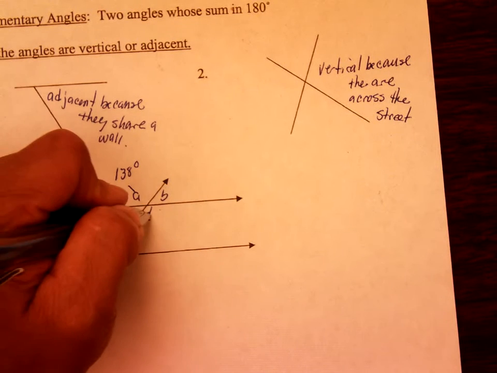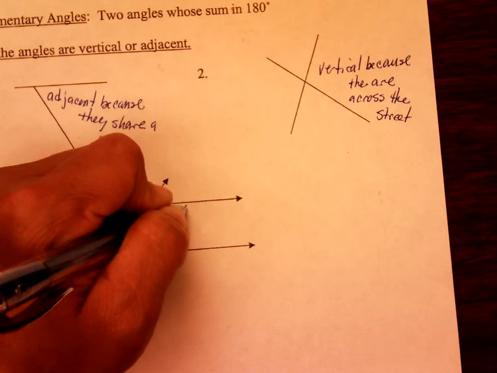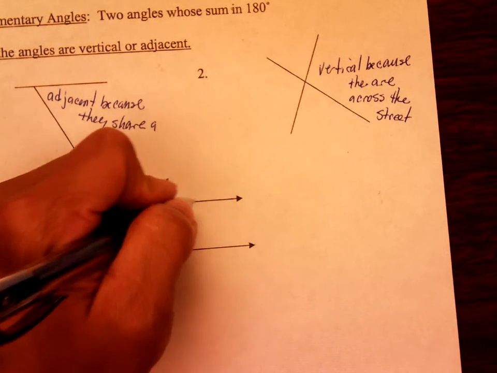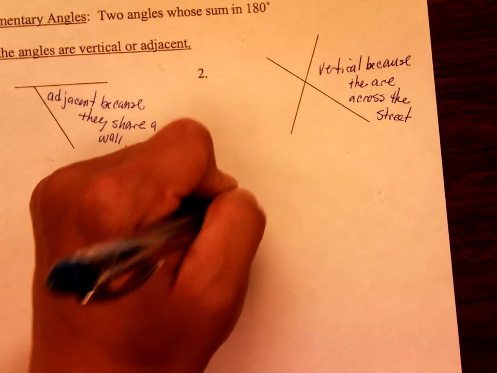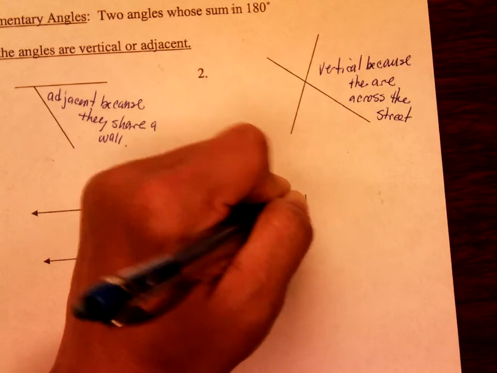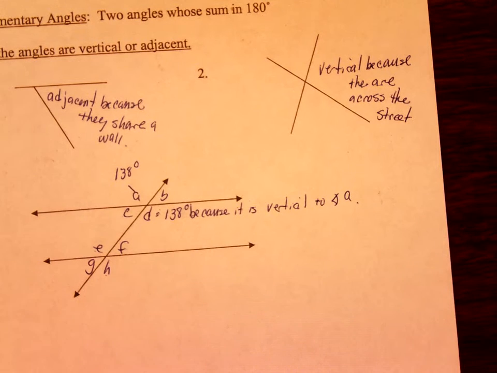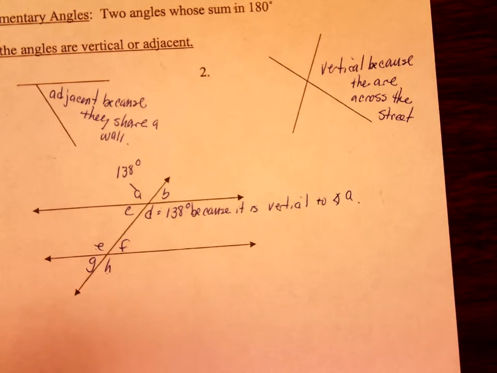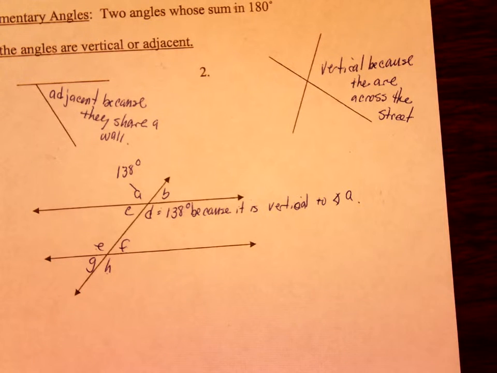You should know that D is 138 degrees, and you have to give a reasoning. You have to say because it is vertical to angle A.